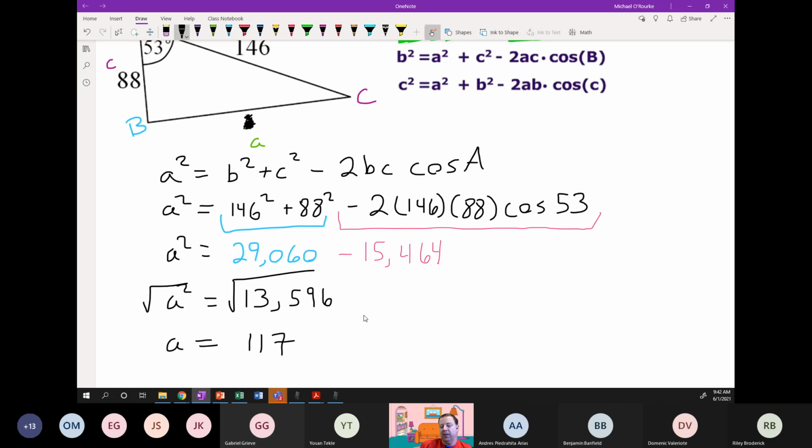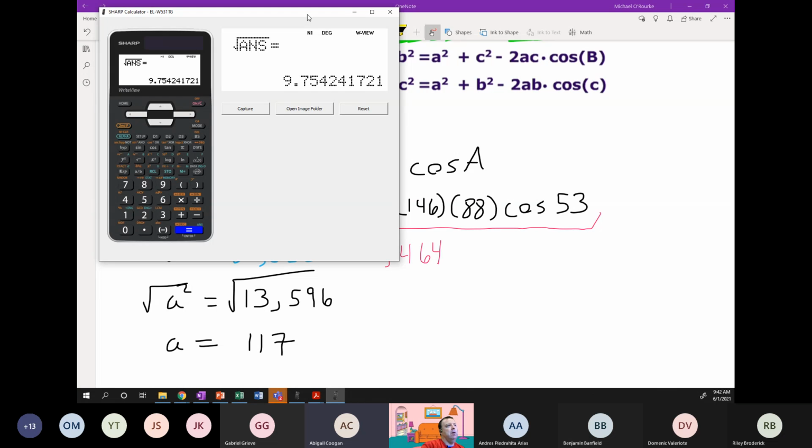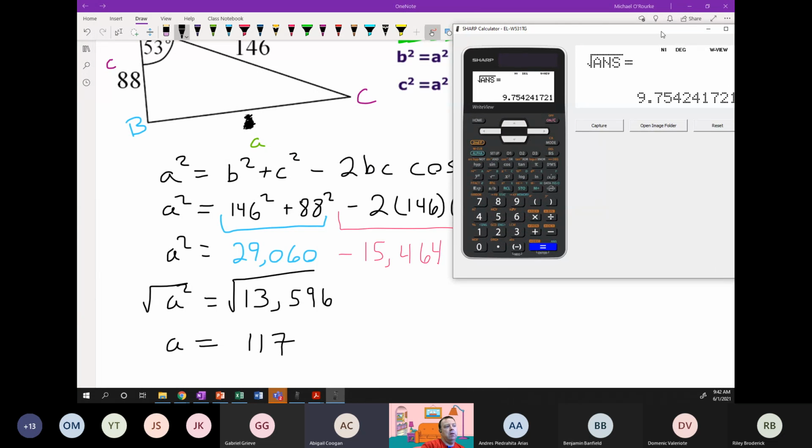Okay, Abigail. What type of calculator are you using? A scientific one. So like the one I have? It's a bit different. I don't think I have all the same buttons, but okay, might be. So were you able to get my blue number first? Yes. Okay, so you weren't able to get the pink number.